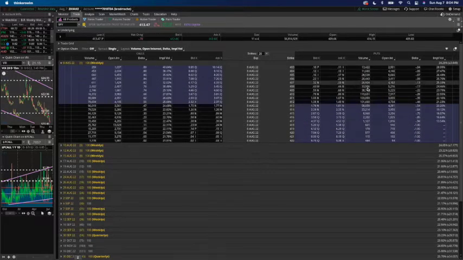This is out of the money for puts. The concept is that all these ones in blue, if SPY was to close at this expiration at right around 413.47, these contracts would be in the money and these would be out of the money.